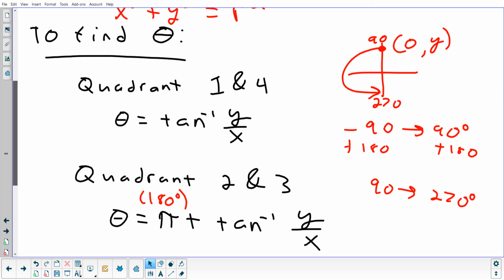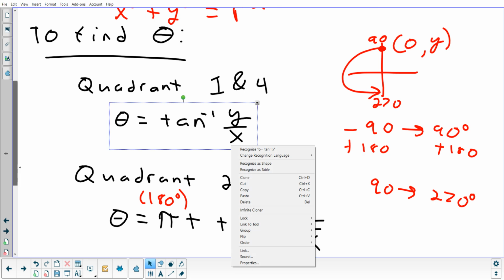Nick? You can't divide by 0. Right, you can't divide by 0. So any point on the y-axis is going to have an x value of 0. You can't plug in x values of 0 in these formulas. You'd be dividing by 0.